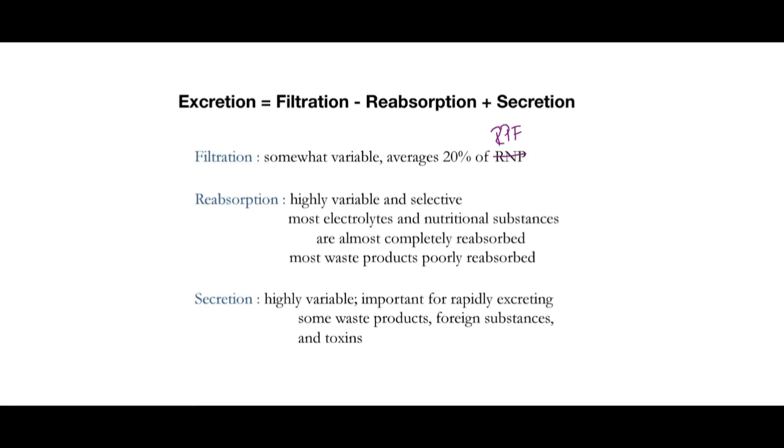The question is, which ones are actually being utilized? So, you can have something that is filtered and nothing else. So, a certain amount of it gets filtered, and then whatever doesn't get filtered goes out through the renal vein. This is an example of a molecule that would function as a way to calculate GFR.